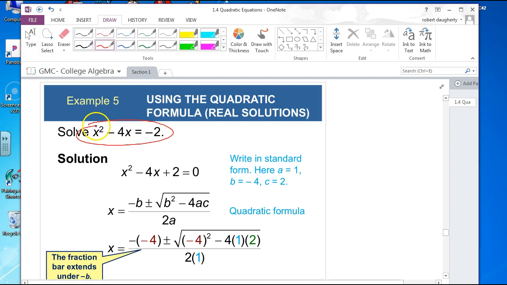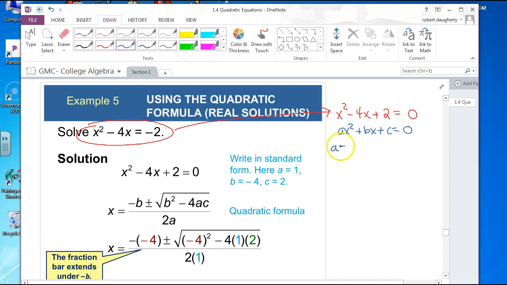So to solve something like this, solving is much easier in most cases when something is set equal to 0. So x squared minus 4x plus 2 equals 0. Okay, that is now set equal to 0. Now, this is in standard form. This is ax squared plus bx plus c equal to 0.